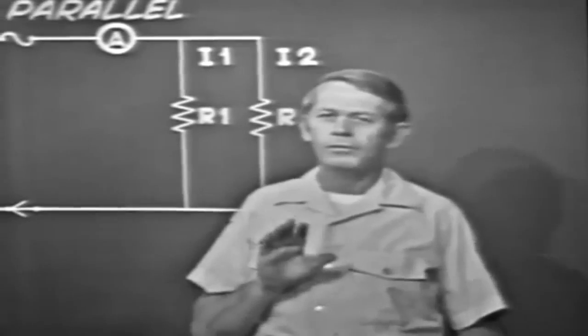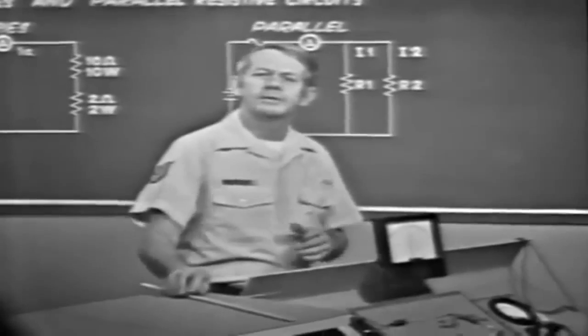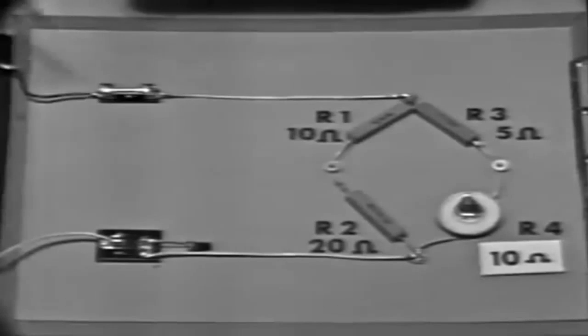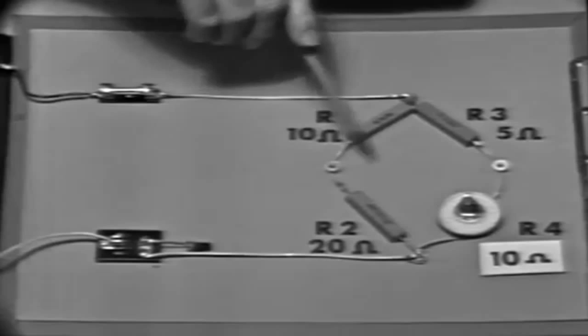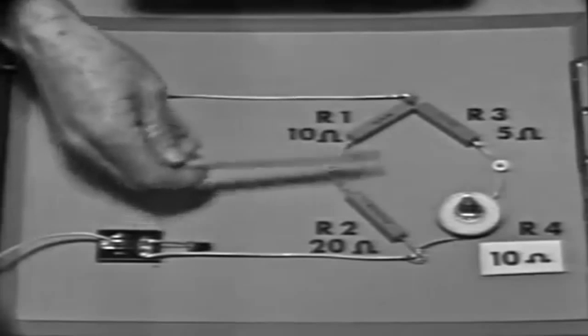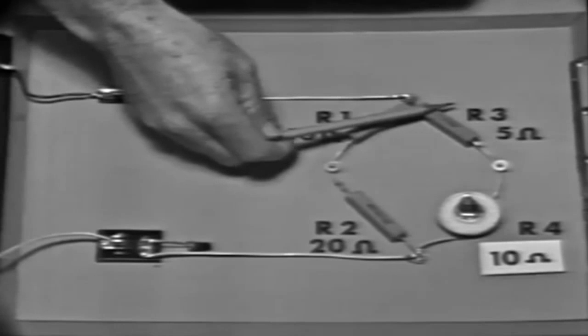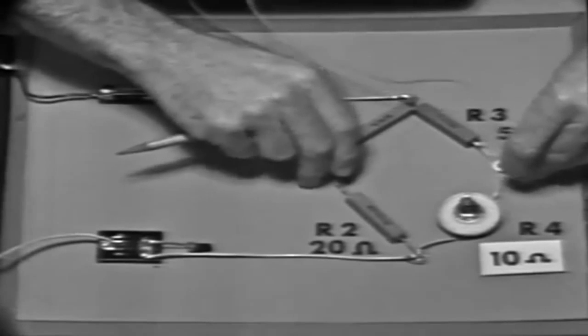Okay, let's go over a bridge circuit, a circuit that's a combination of series and parallel resistors. Now, you should remember that a bridge circuit is basically a parallel circuit with 2 series resistors in each branch. It usually has a device to detect the magnitude and direction of current. For example, if I plug this galvanometer in here, we've bridged the circuit.